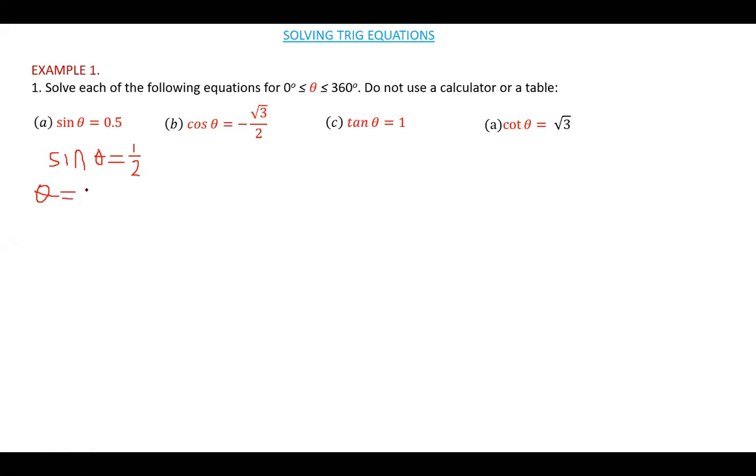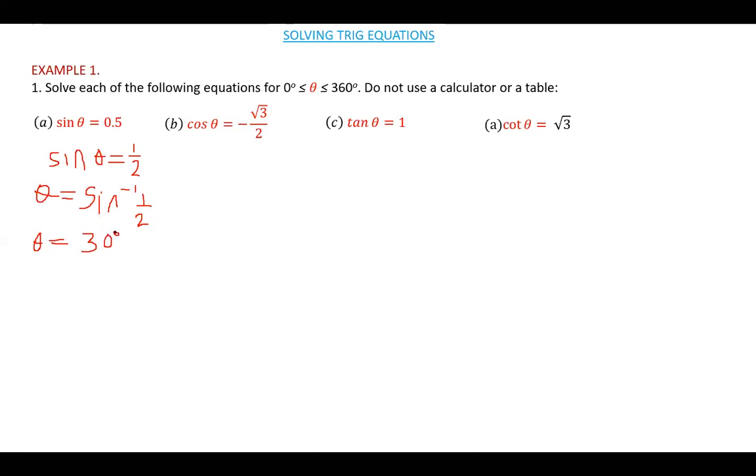So theta is going to be sine inverse of this same half. Then from what we learned in the previous lesson on how to come up with the solutions of special angles, sine inverse of half gives us a special angle, which is 30. So sine inverse of 0.5 is 30 degrees.